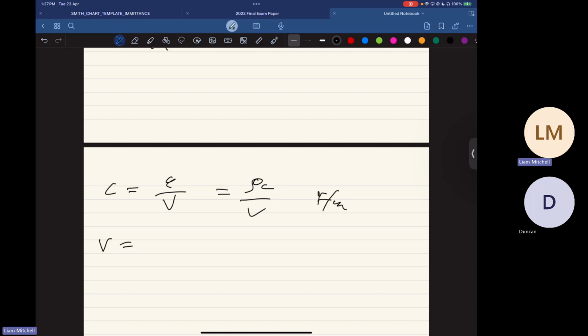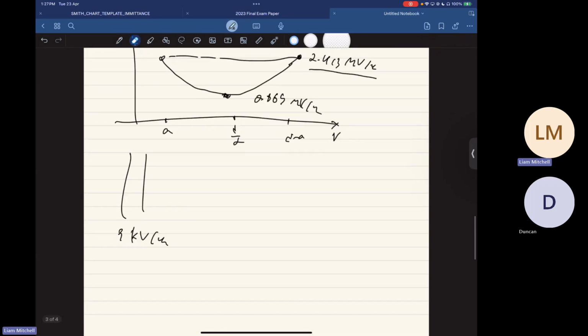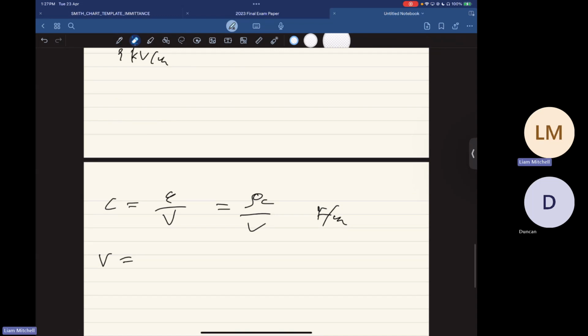We know that V is from above. It's rho L over pi epsilon naught ln d on A.